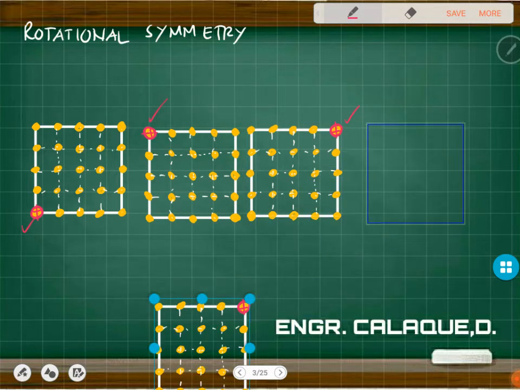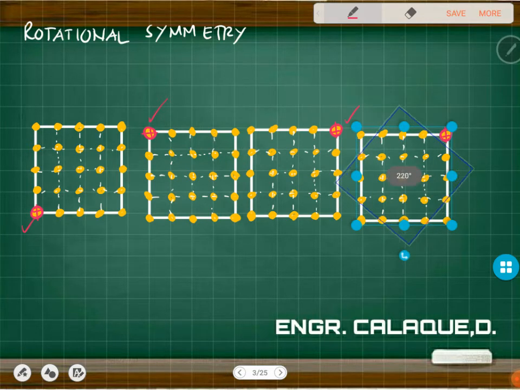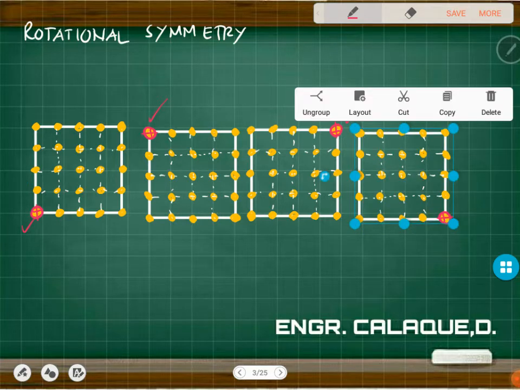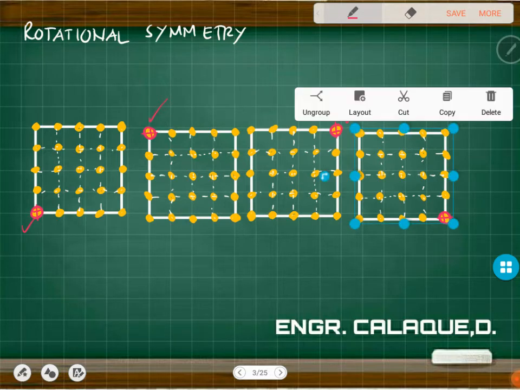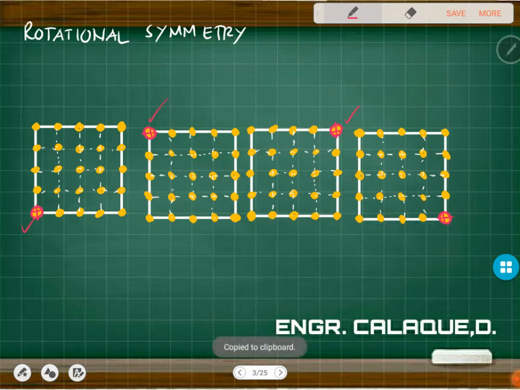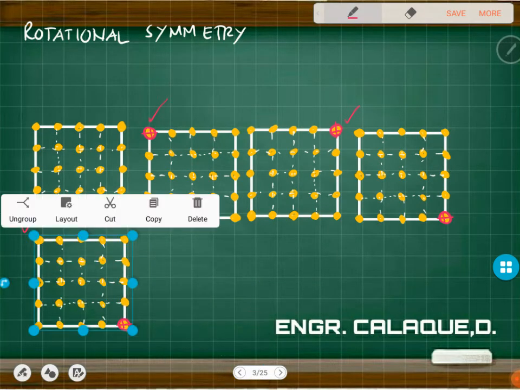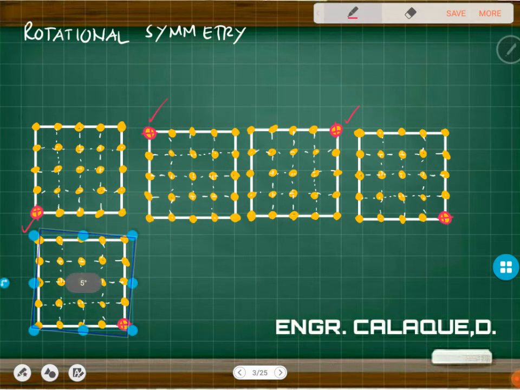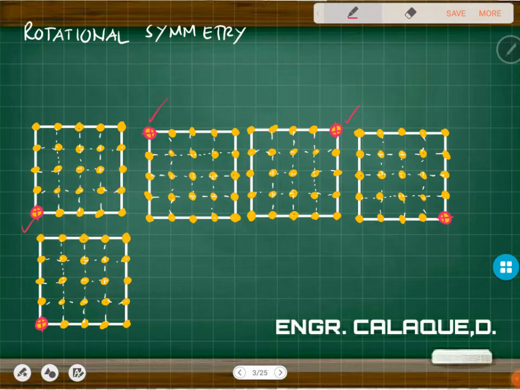Then if I rotate again by 90 degrees, it goes from here. And if I rotate again by 90 degrees, you will observe that it goes back to its original position.